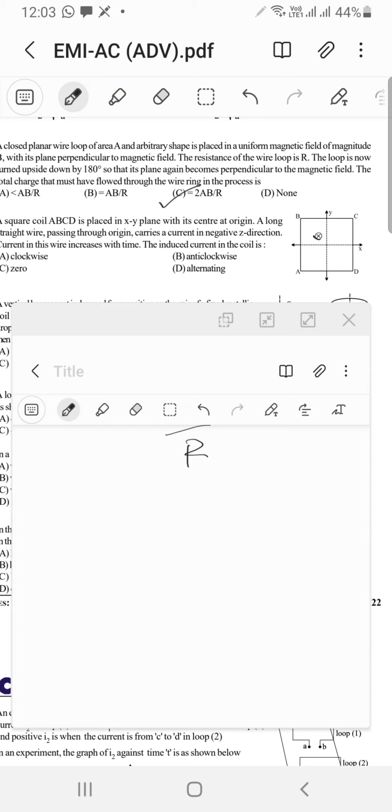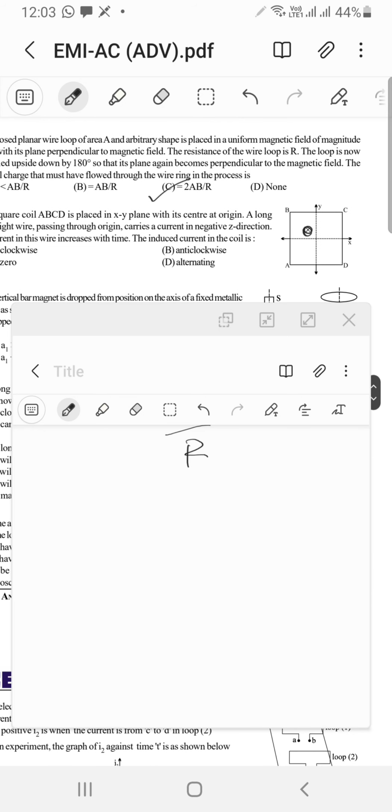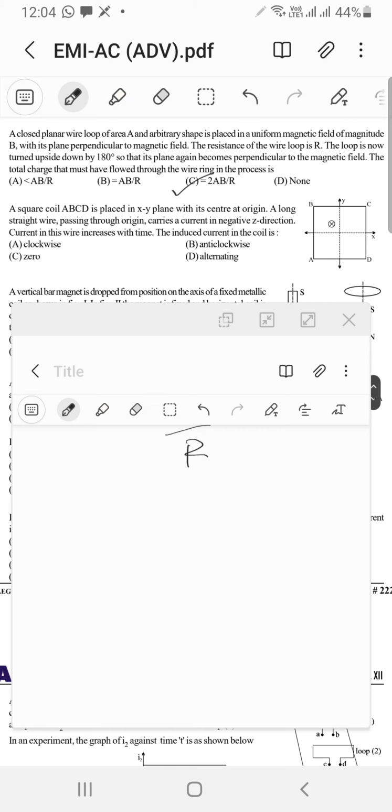Oh, this should be the positive z direction or the direction of the current. I think it's the direction of the current, because z is generally x, y, and then right hand thumb. So this should be z, and then this should be negative z. So yeah, that's the current direction. Anyway, so it's going inside.